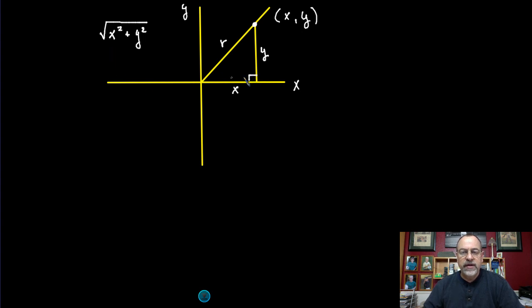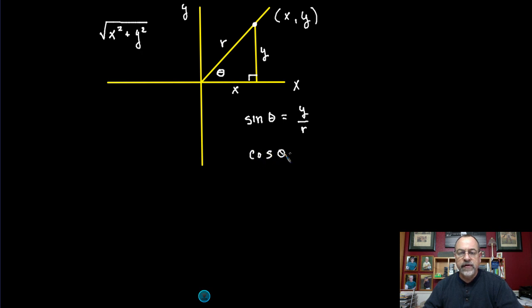Now what I've created here is a right triangle where theta is one of those angles we've been talking about that you rotate from the initial side here. And because we have a right triangle, we can now apply our 6 trigonometric functions. So the sine of this angle will be the opposite side, y, over that distance here, which is r.